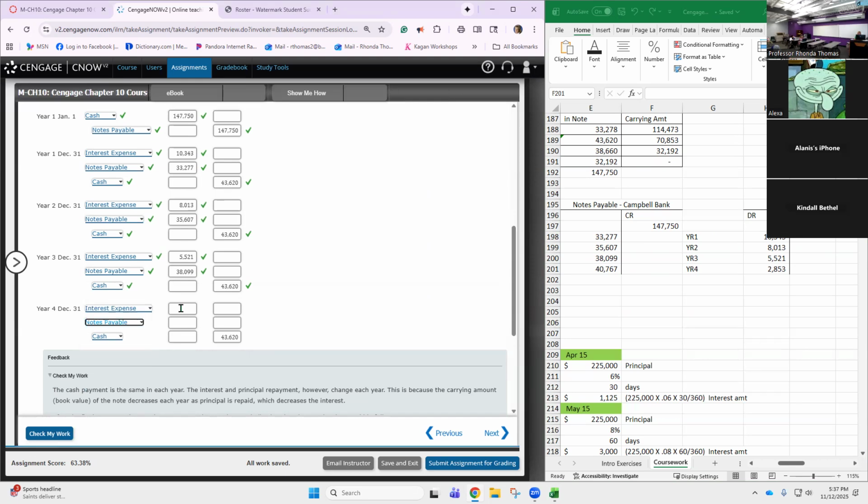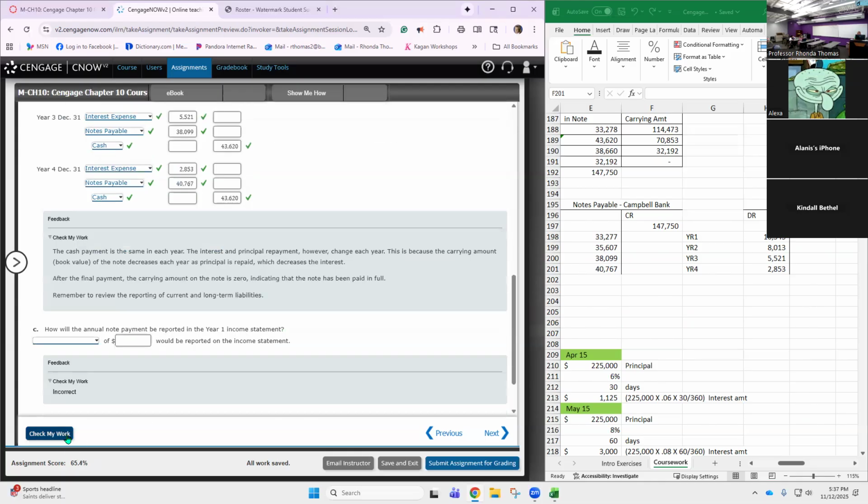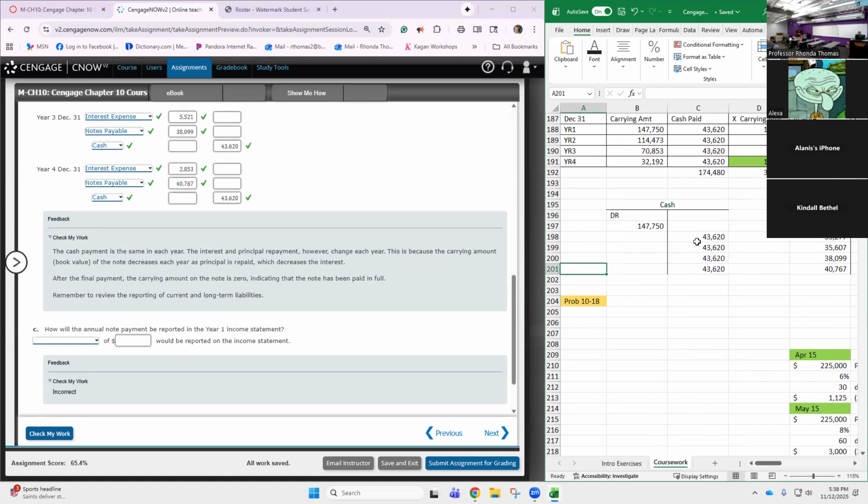Once again, that last one, they did us a favor: 2,853, and it was $40,767. So the note's gone. Every year we reported some interest expense, which shows up on your income statement for borrowing this money. And every time we made a payment, it went down in cash.